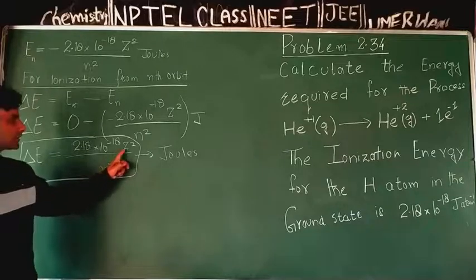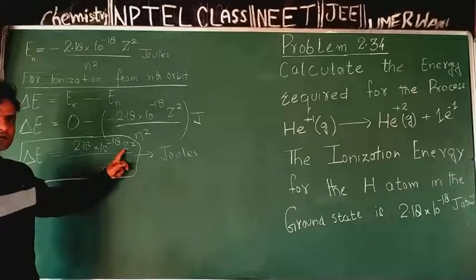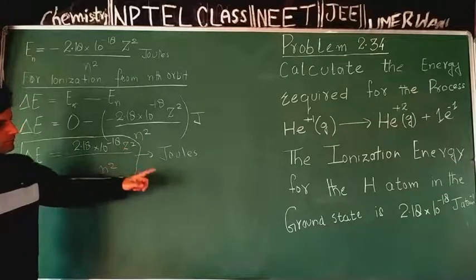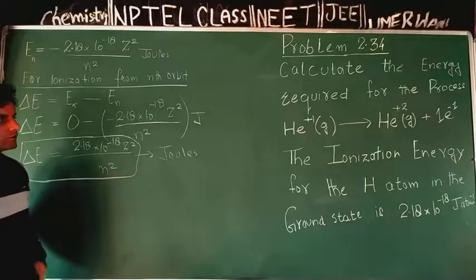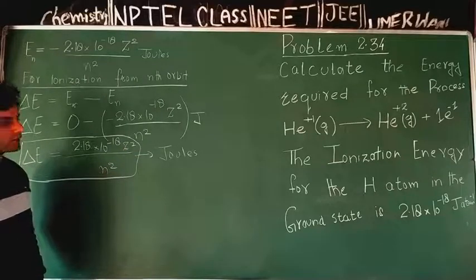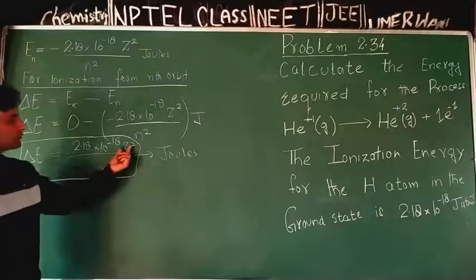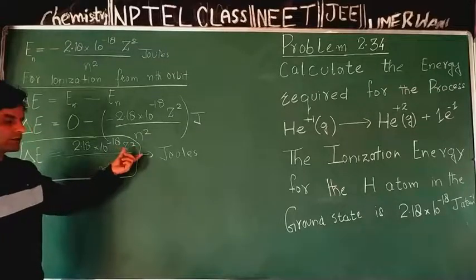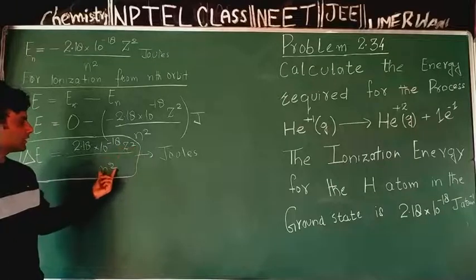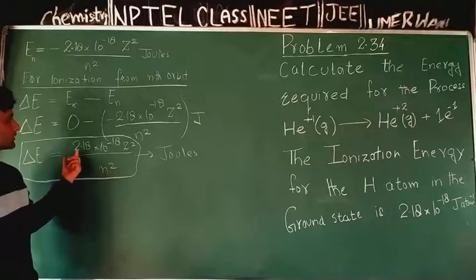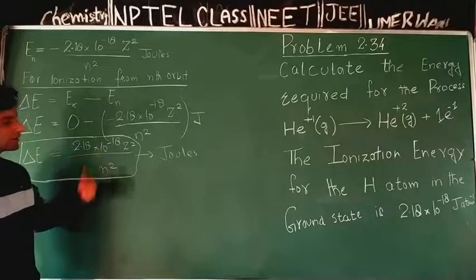For hydrogen atom, Z is 1, and since it is given ionization energy of hydrogen atom in ground state, we need to substitute Z equal to 1 and n equal to 1, and ionization energy will come 2.18 into 10 raised to power minus 18.